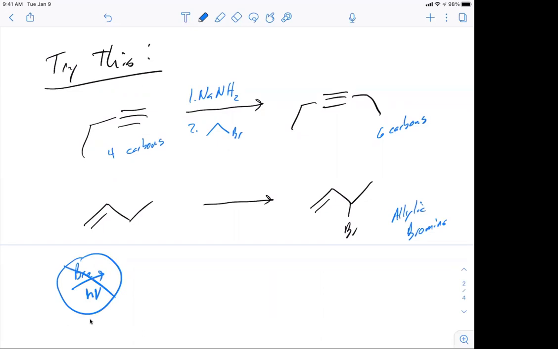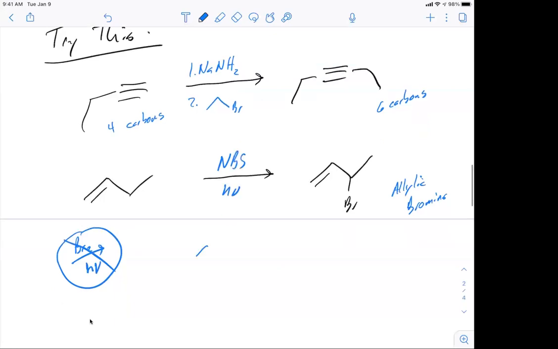We've seen that reaction before. So what we want to use here is NBS and light. And so remember, NBS. Okay, questions about these?